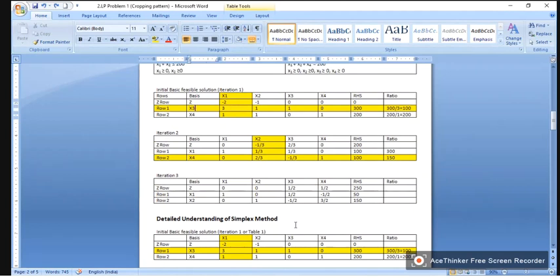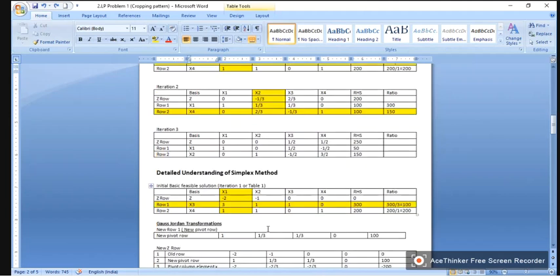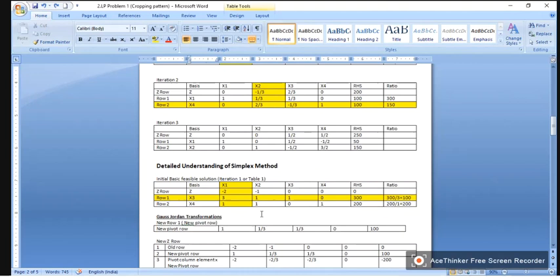What right now you can understand is this one. This is the first table. From the first table, we got the second table. In the second table, you see x3 is replaced by x1, right? And the elements are filled by using the Gauss-Jordan transformation.